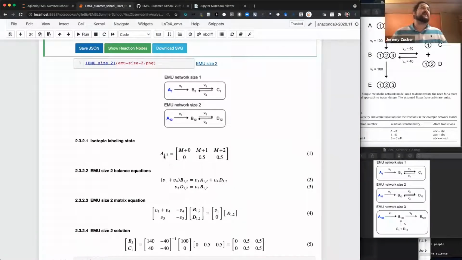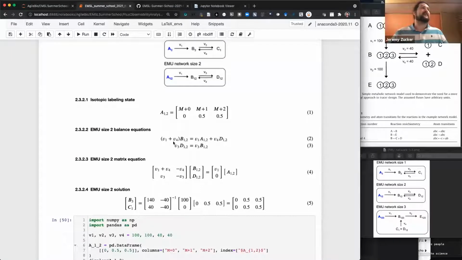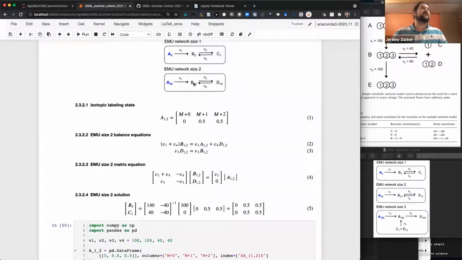In this case, the isotopic labeling state of A12 is 0.5, 0.5. The balance says we take B12; the arrows pointing to it are V1 and V4, V1 from A12 and V4 from D12. So these should balance.